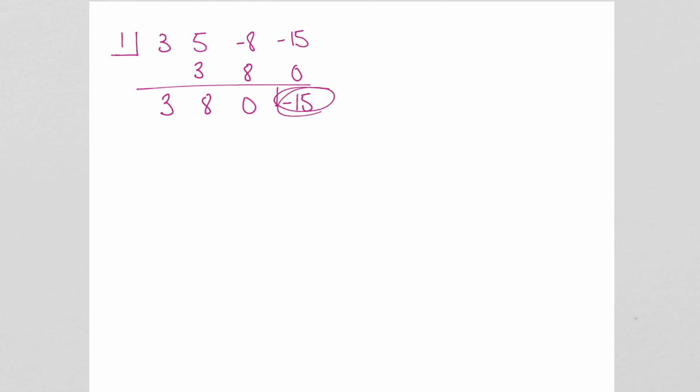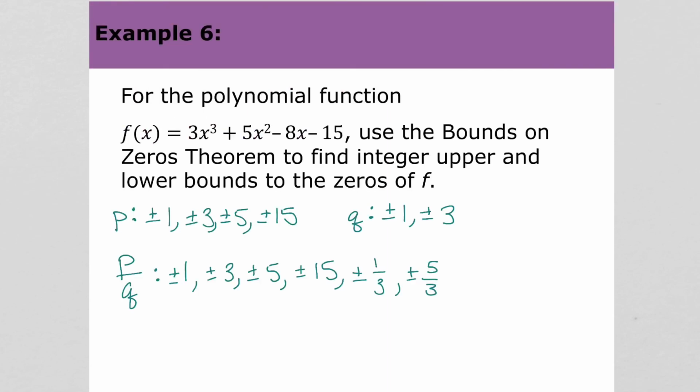It's not. There's a negative 15 there. So that means 1 is not an option for the upper bound. So we try the next positive number, which is 3.